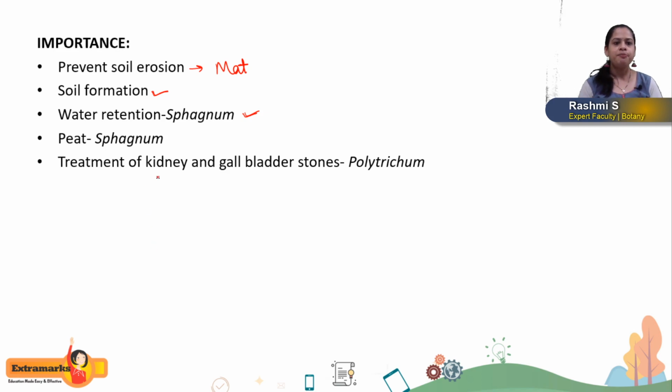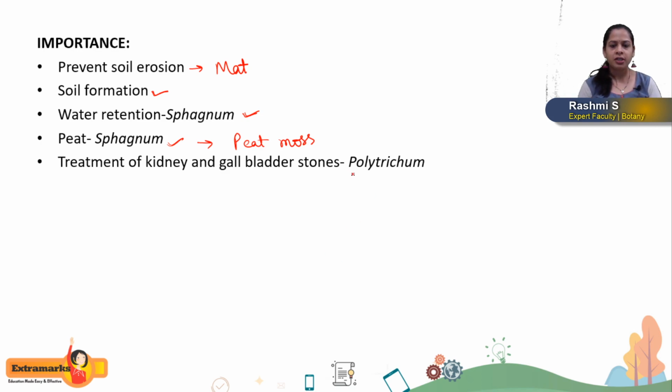At the same time, sphagnum is also useful in the formation of peat, which is a type of fossil fuel, and this peat is used to run engines, and hence sphagnum is also called peat moss.